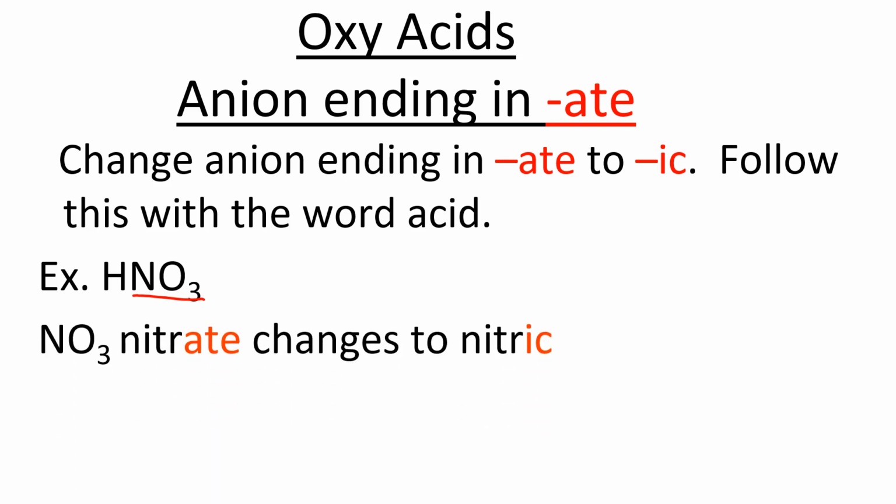So NO3 negative, nitrate, changes to nitric. And then to complete the name, what are we going to call this? Nitric acid. Does it make sense? All right, so let's look at another example.